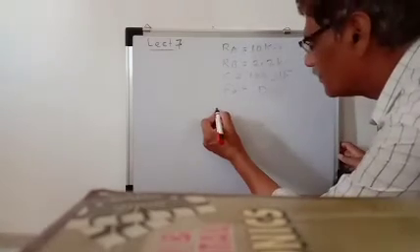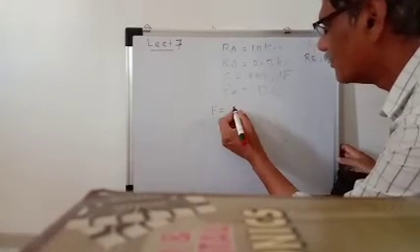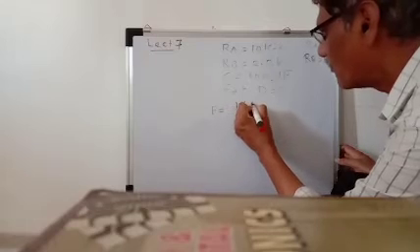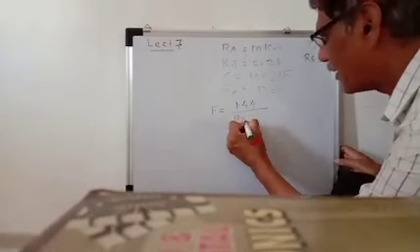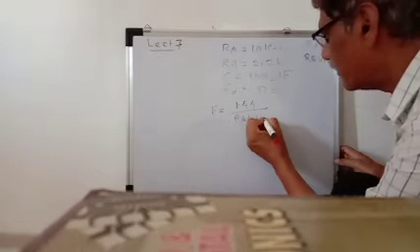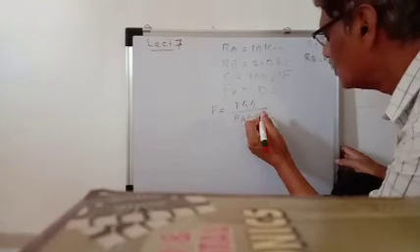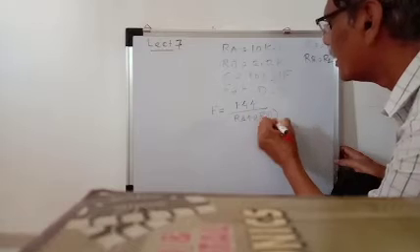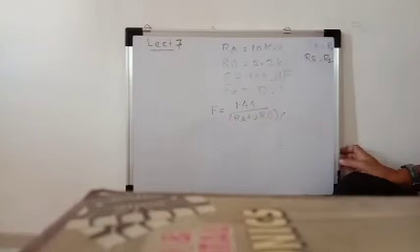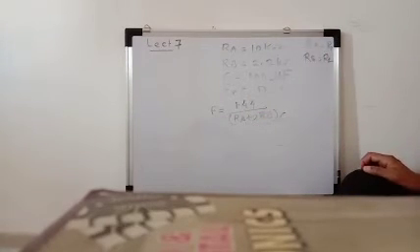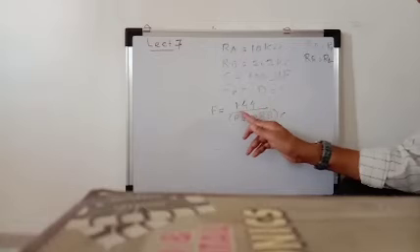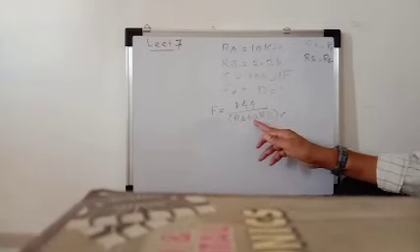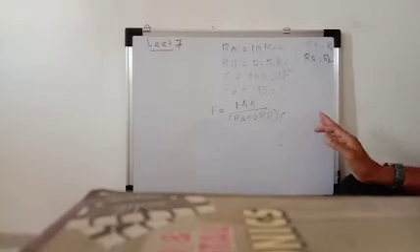F is equal to 1.44 divided by RA plus 2RB into C. This is the formula for frequency.